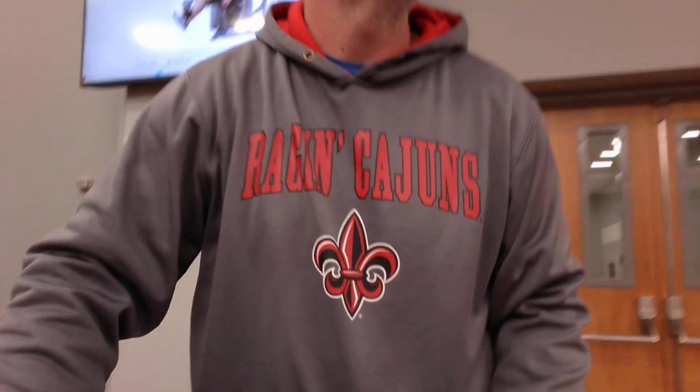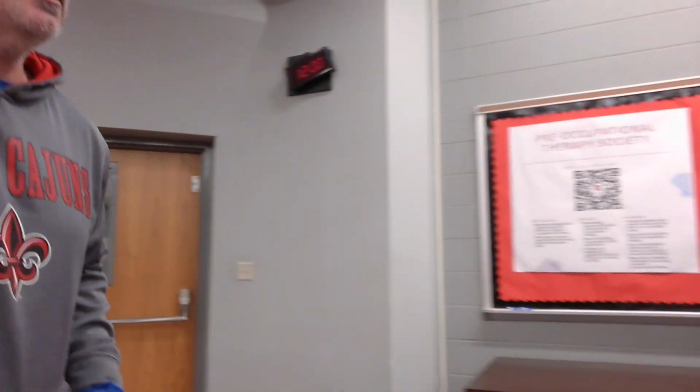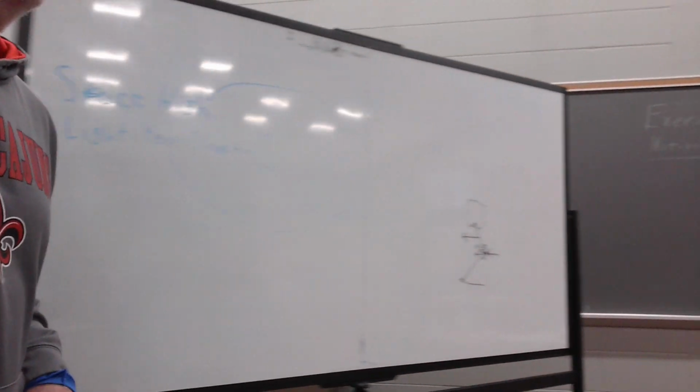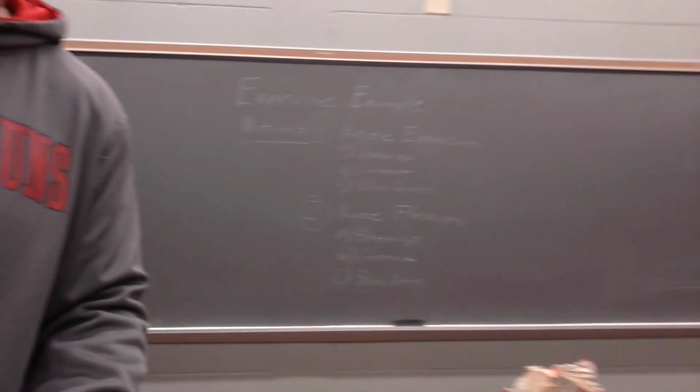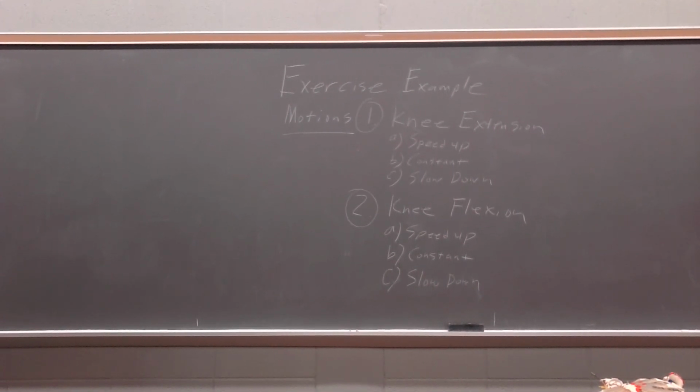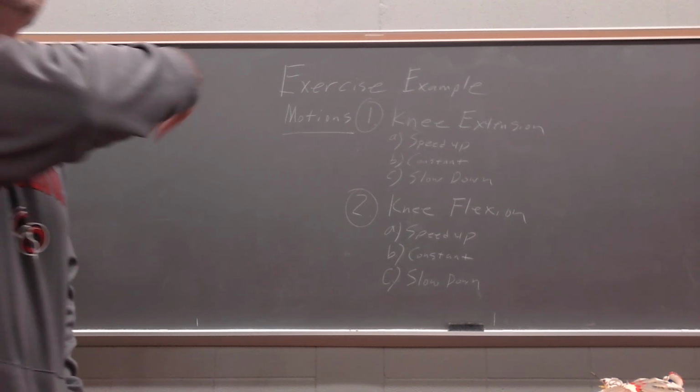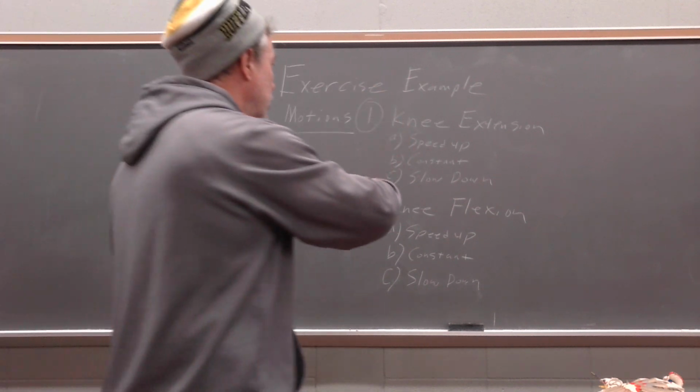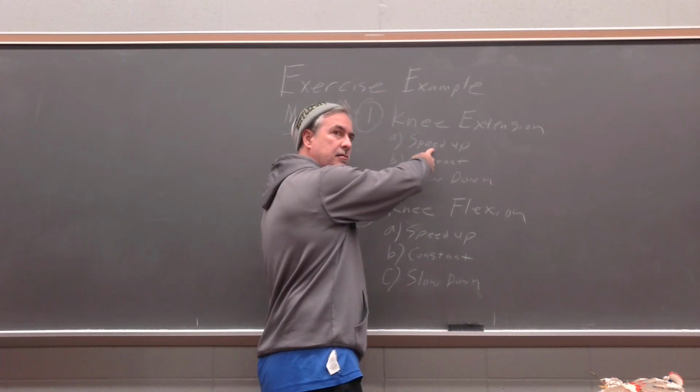So in summary, for these exercises that we're going to do for the next couple of days, what do we know? There's going to be a sequence of motions. Flexion, extension, extension, flexion, however you start, however you finish. Within those movements, there's phases. You have a speed up phase.